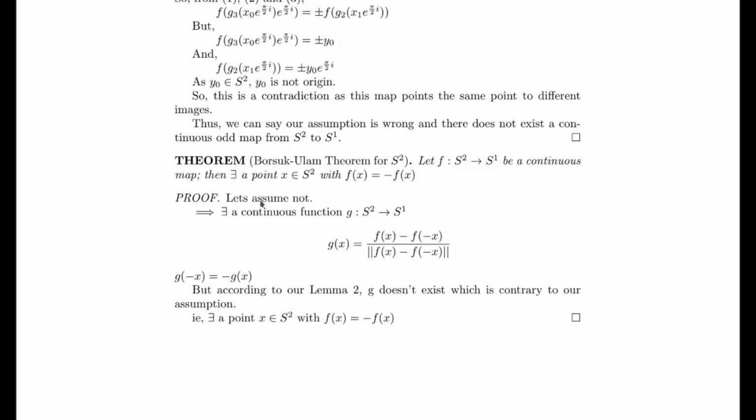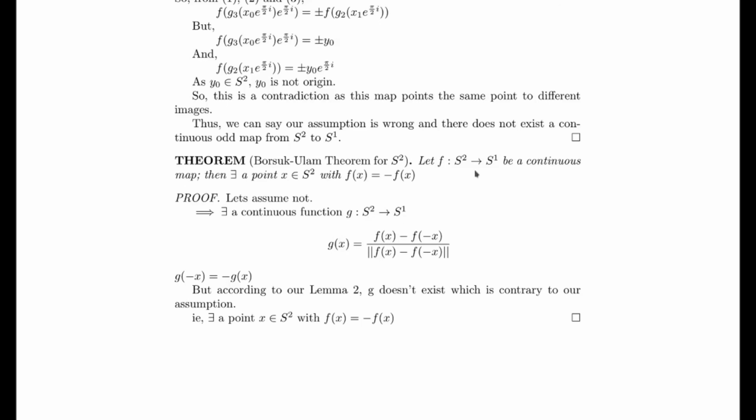So we are again going with the contradictory proof. So we have assumed that there does not exist an x such that f of x is equal to f of minus x. So f of x minus f of minus x can never be 0, which means g of x is well defined. As f of x is continuous, g of x is continuous.